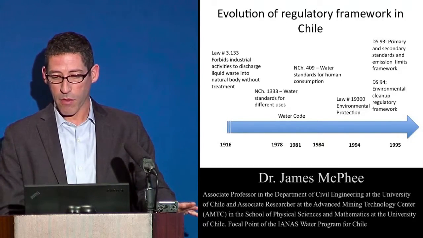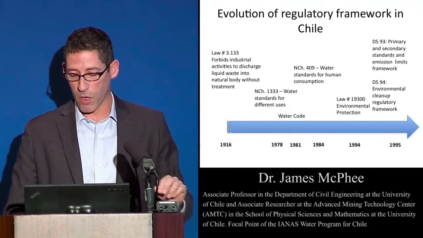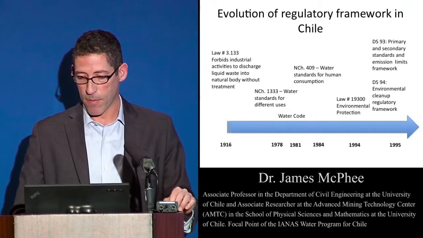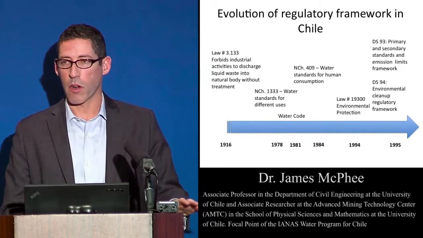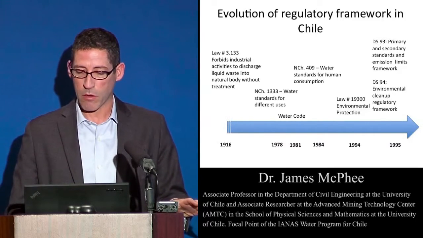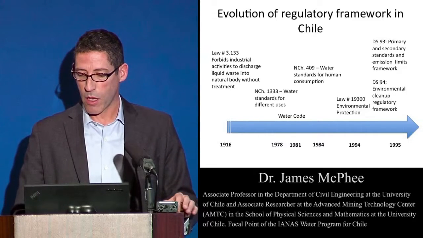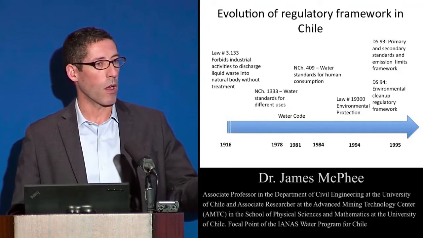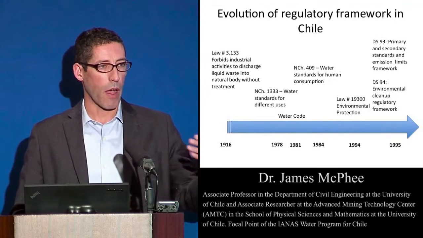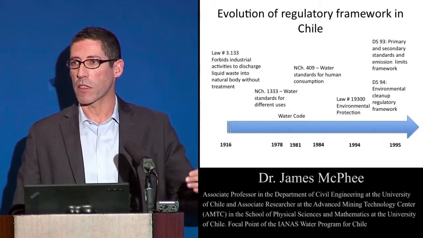In 1985, we find a couple of other regulations that deal with the framework for primary and secondary standard emission limits and environmental cleanup regulatory framework. So these are like rules of how to go about establishing these plans.